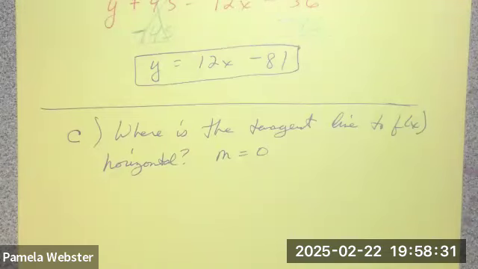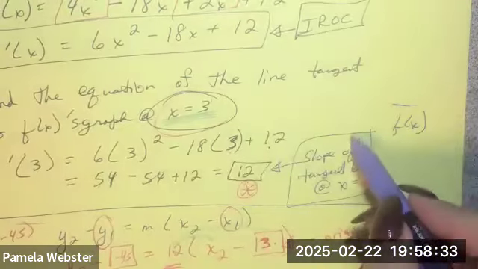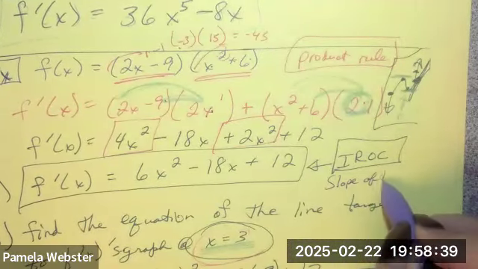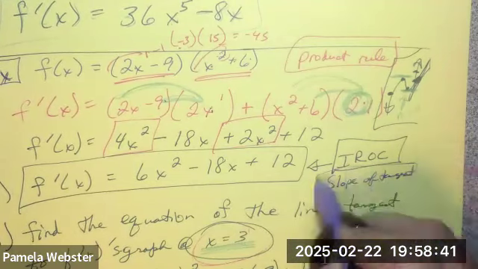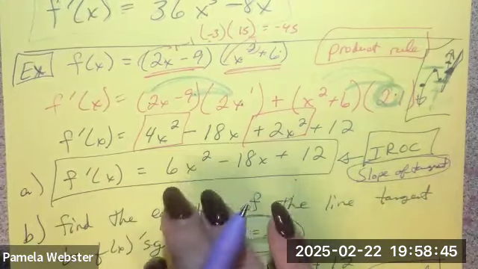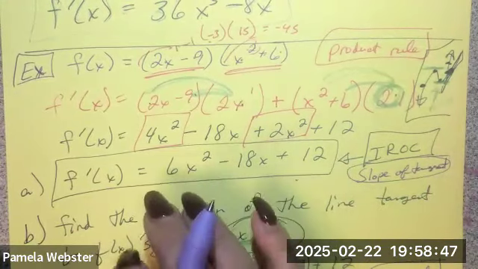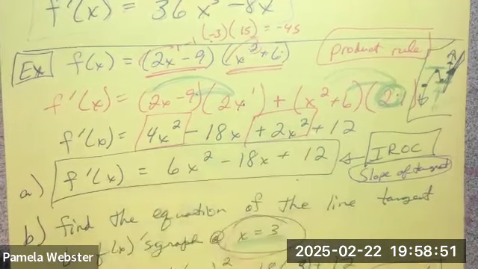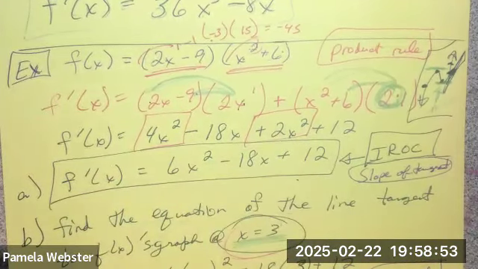Okay. Well, this is how we find the slope of a tangent line at any point, right? This was it, my derivative. So once I have my derivative, what they're asking me for is, this is the slope of the tangent line, where is it 0?